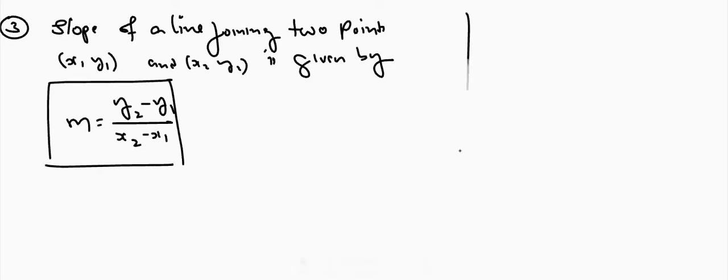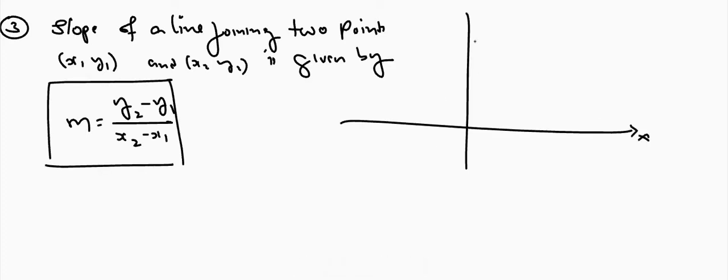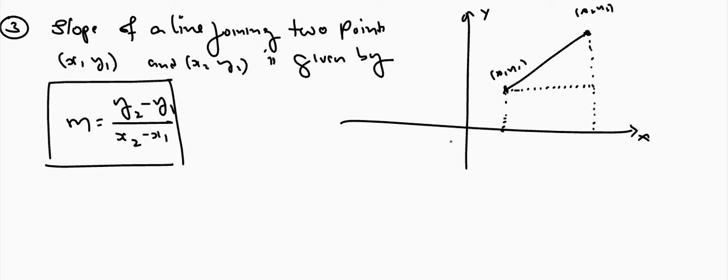If a line lies on a Cartesian plane, that is xy plane, there are two points, one is (x1, y1) and the other is (x2, y2). We can find the slope by drawing perpendiculars. The horizontal distance will be x2 minus x1, and in the same way the vertical distance will be y2 minus y1.